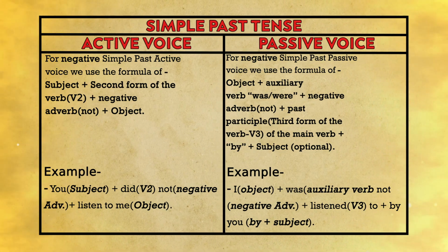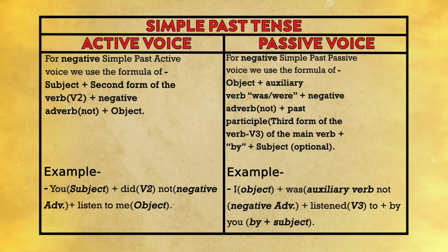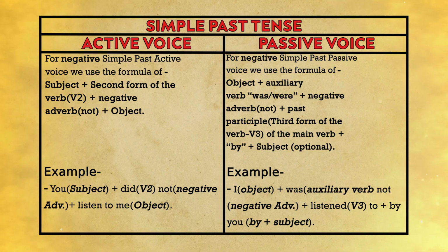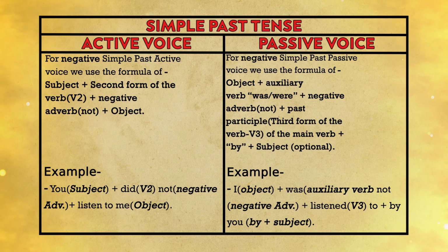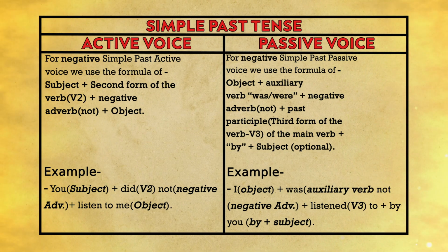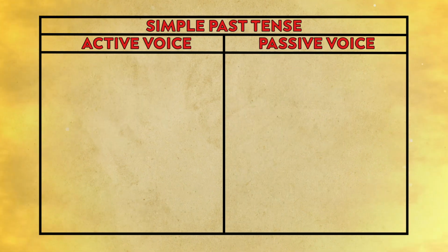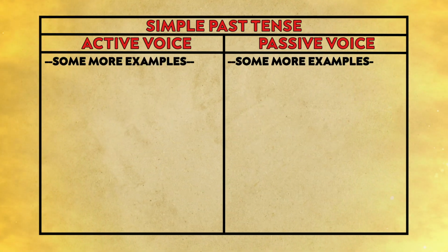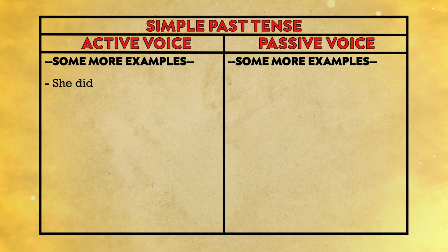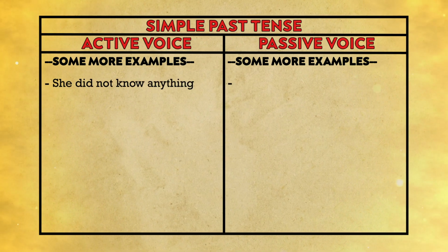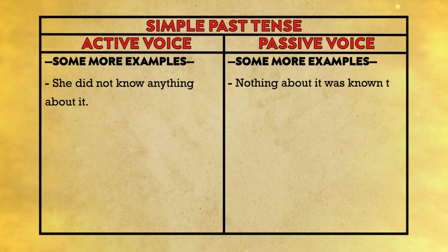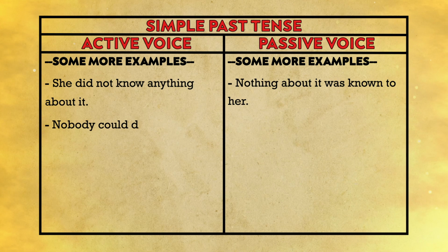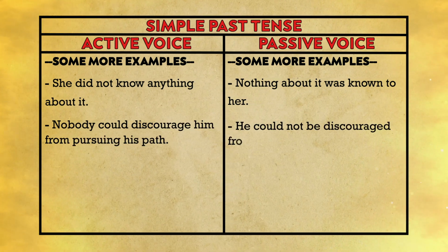I is the object, plus was auxiliary verb, plus not, plus listened, that is third form of the verb, plus to by you, that is subject. So there are more examples like she did not know anything about it. Nothing about it was known to her. And for more examples, you can see it on the screen.